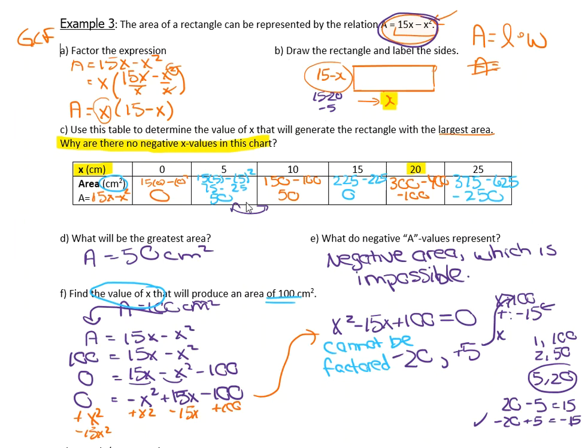We look at these numbers: we got 50 centimeters squared, with 5 and 10, but we're not going to be able to get 100. Cannot be factored, therefore it cannot have an area of 100 centimeters squared. We can't get it. There's no value of x that will work.